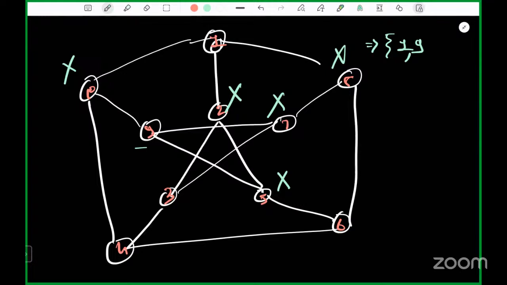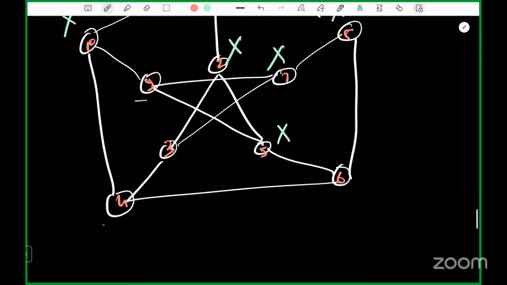But here the thing is, if you select 4, then you cannot select 3 and 6 both, right? So here you have to take care to select that vertex by which we are able to create a maximum independent set. If you select 4, you cannot select 3 and 6. But if you select 3, you cannot select only 4. So the choice of 6 will still be there.